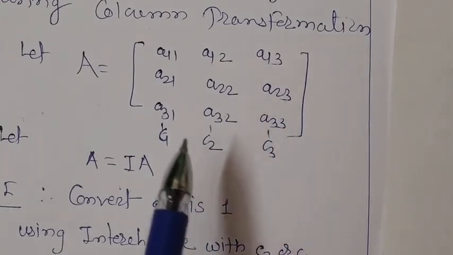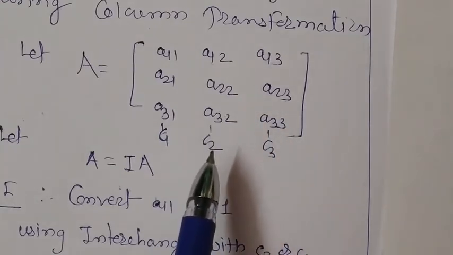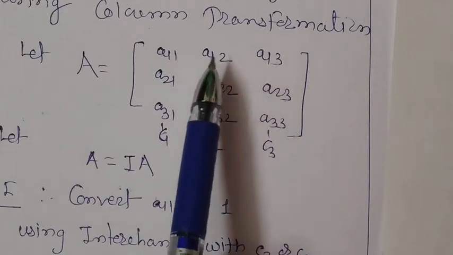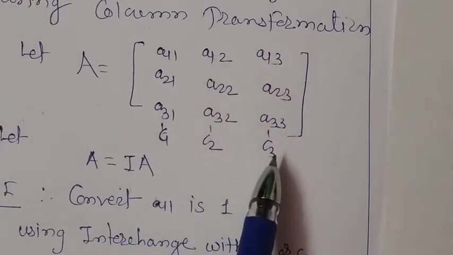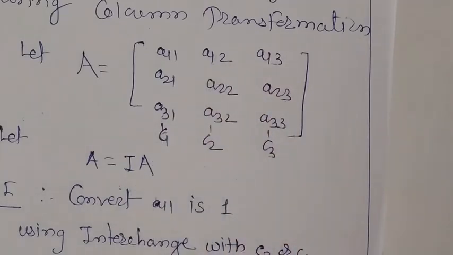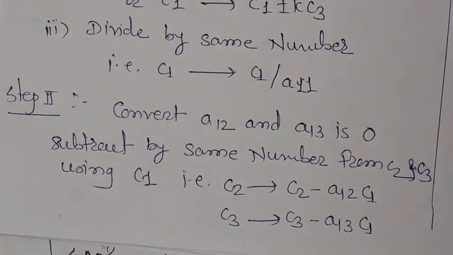So step 2 is: convert A12 and A13 to 0 by subtracting from C2 and C3 using C1, that is, C2 minus A12 times C1 and C3 minus A13 times C1. Now step 2 is completed.